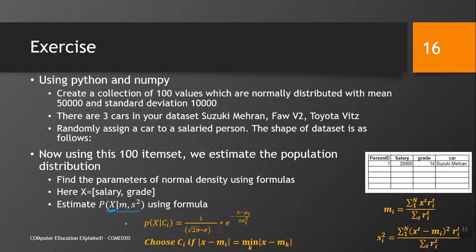What would be the probability that he would be buying some particular car? So we will use this formula, right.